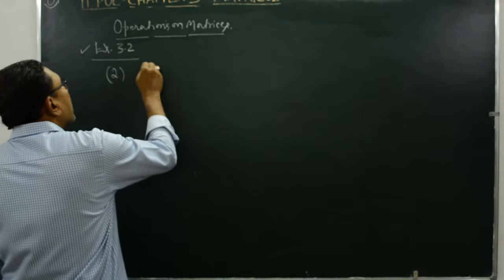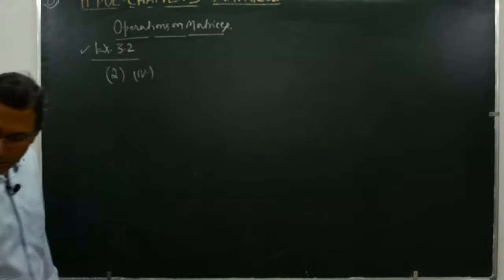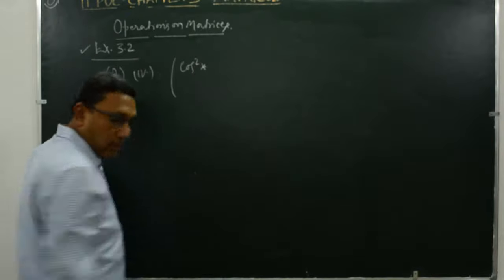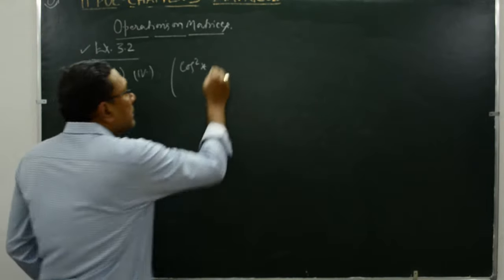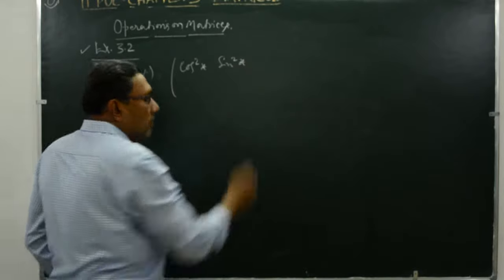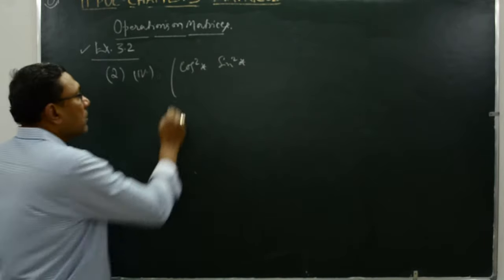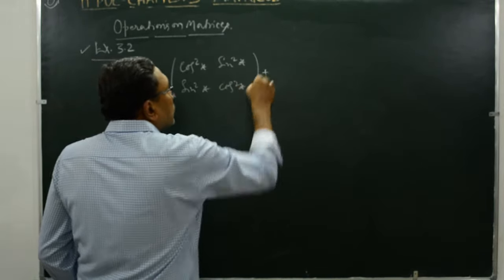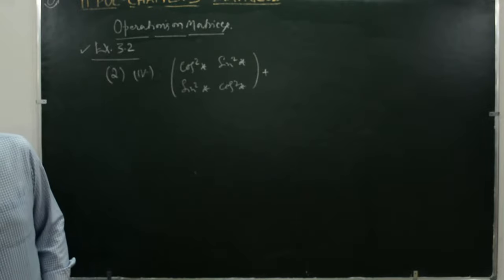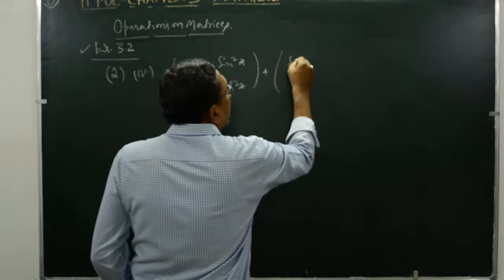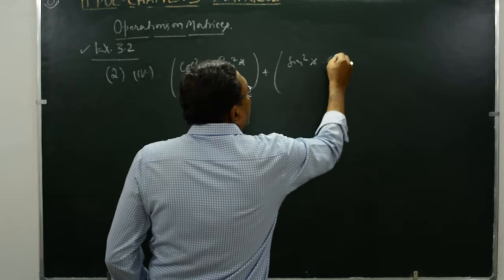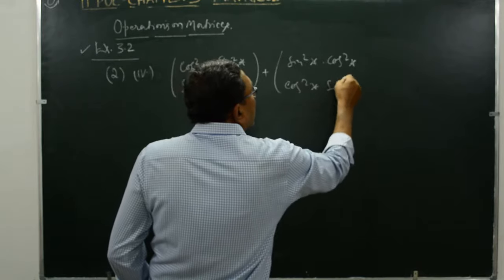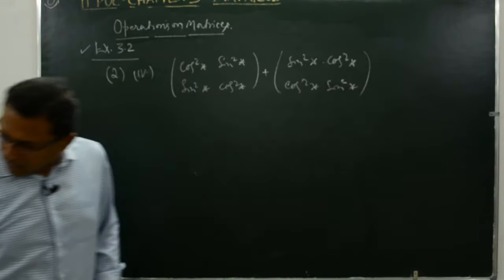Trigonometric identities: cos squared x, sin squared x, then sin squared x, cos squared x, which should be added with cos squared x, sin squared x, and sin squared x, cos squared x.